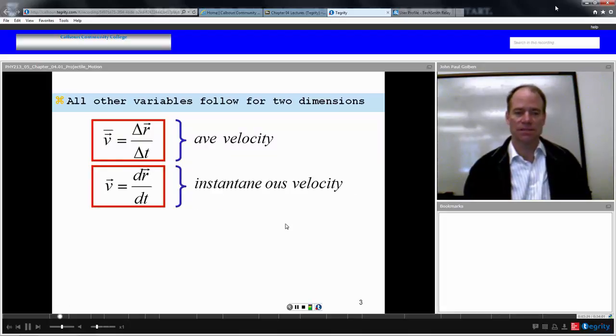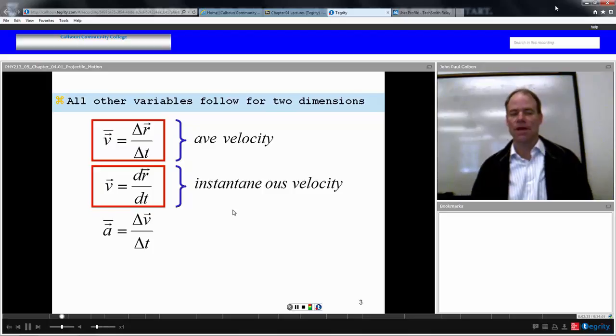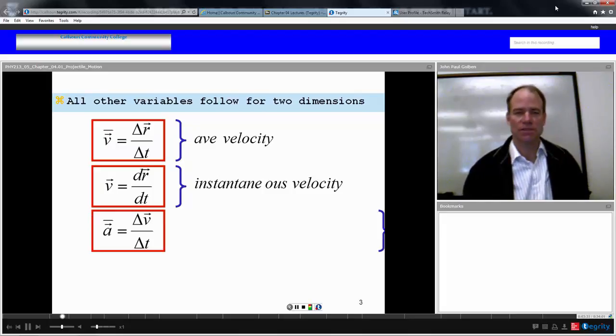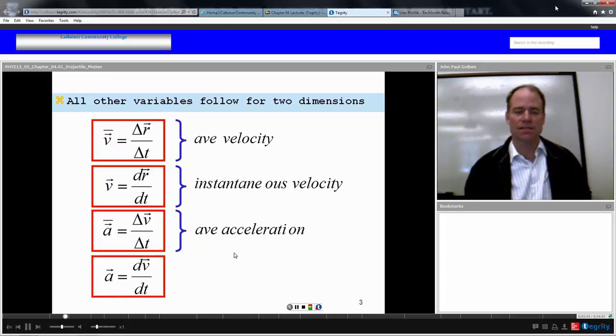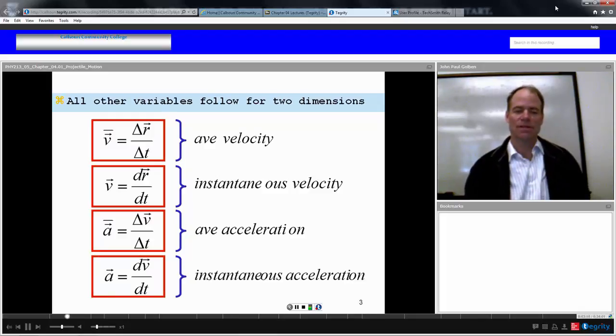In this case, they're vectors still. The velocity and my position is a vector. I can have average acceleration, which is my change in velocity per time, still a vector, because I'm just taking a vector, dividing it by a scalar, change in time. And my instantaneous acceleration is my infinitesimal change in velocity in an infinitesimal amount of time, my dv dt. All these stem from the fact that I've defined a displacement vector.